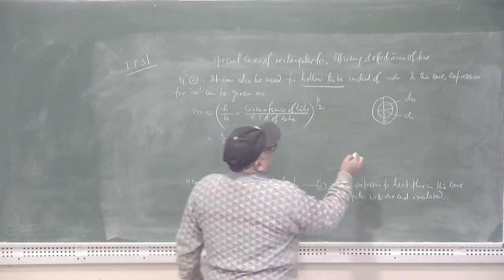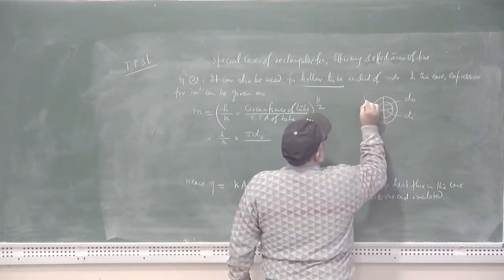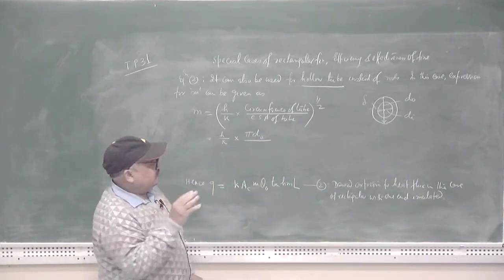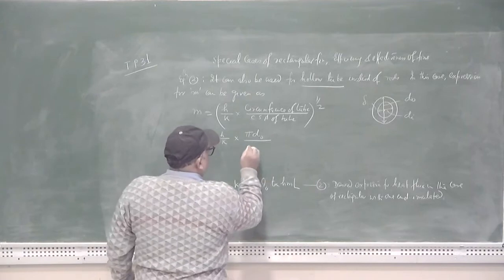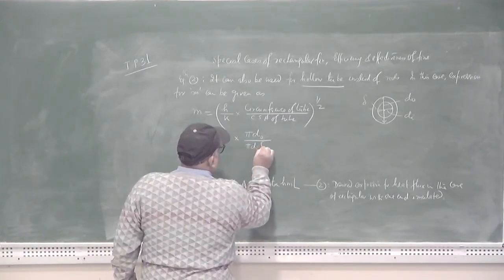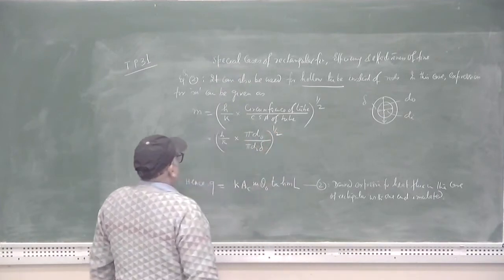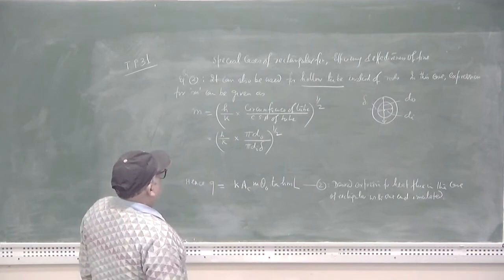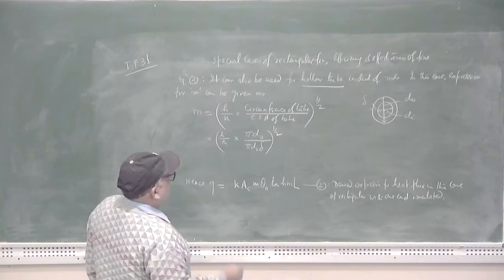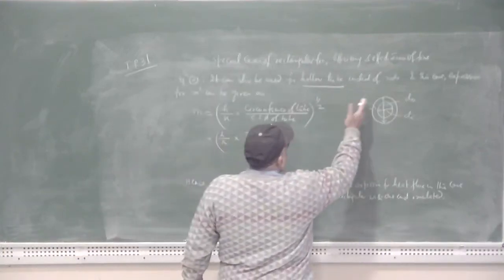If the thickness is delta, that will be pi d into delta, raised to the power half. The delta is in the plan view itself.